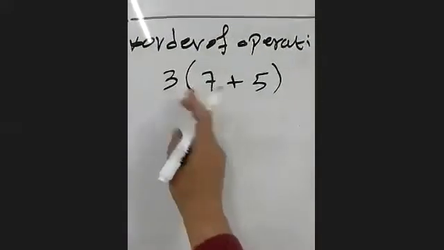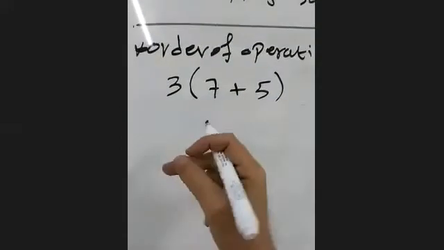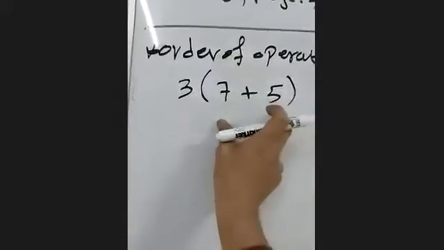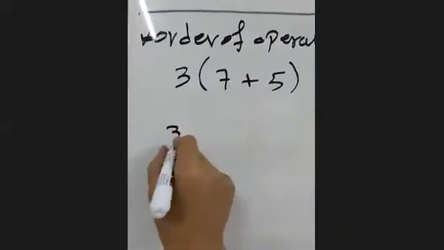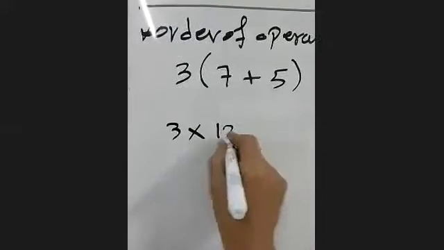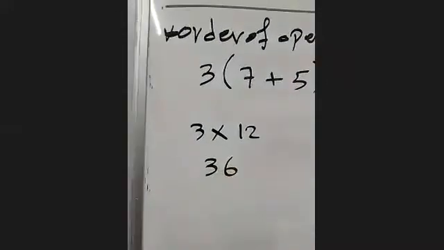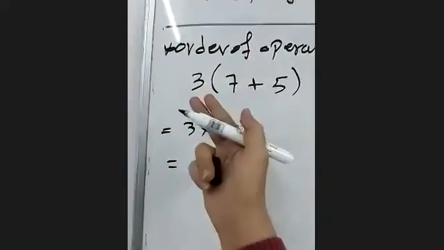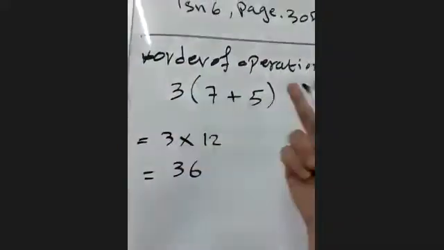So we have multiplication and parentheses, and we said that we do the parentheses first, then we multiply. So it will be 3 multiply the parentheses, which is 12, which is 36. So we do a number multiplied by a bracket by order of operations.